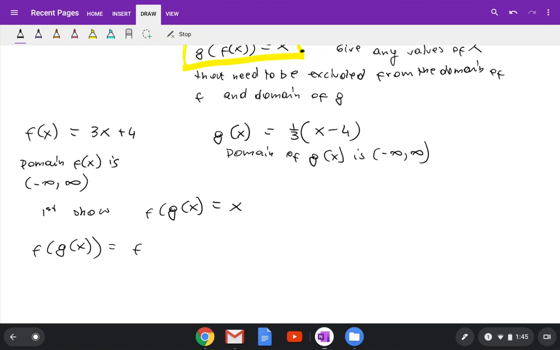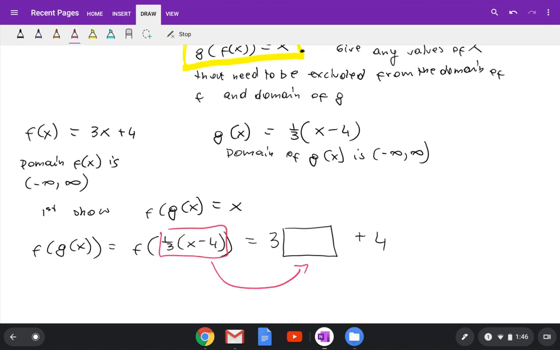Okay, so g of x has equation 1/3 times x minus 4. So what you're going to do is copy the equation of function f, which is outside, which was 3x plus 4. However, where we used to have x, you're going to plug in function g. So function g has the equation 1/3 times x minus 4.